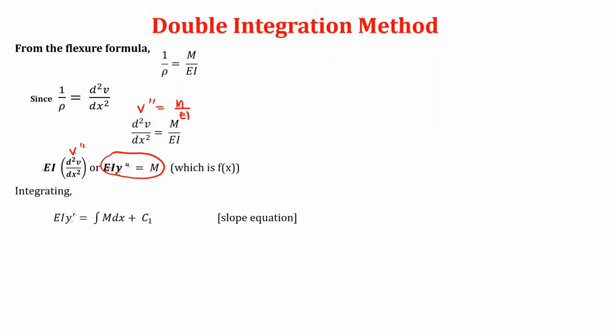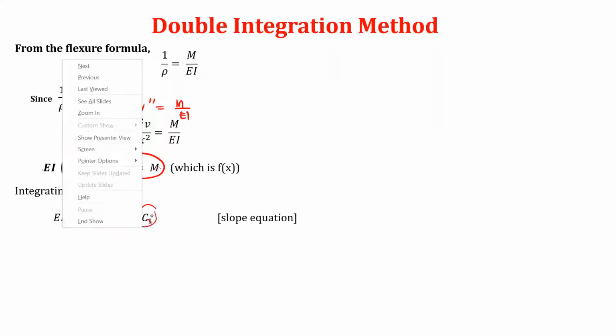And then M, this is expressed in terms of x. So of course, we integrate with respect to x, dx, plus a constant. Every time you integrate, a constant is generated. So in this first integration, a constant is generated, and we call that C1.